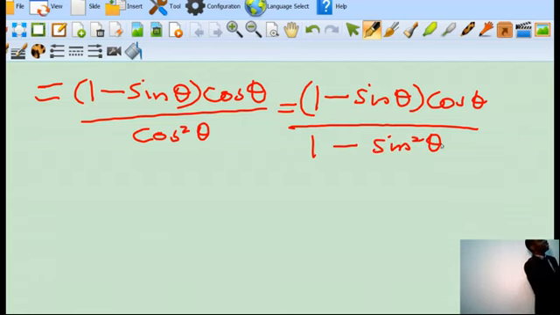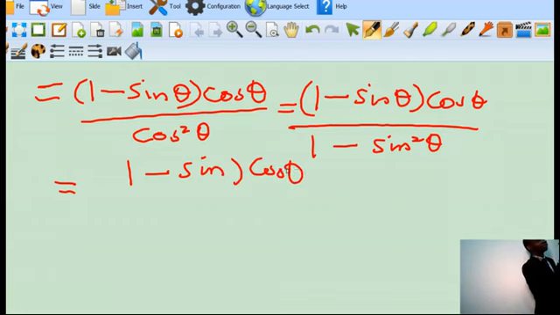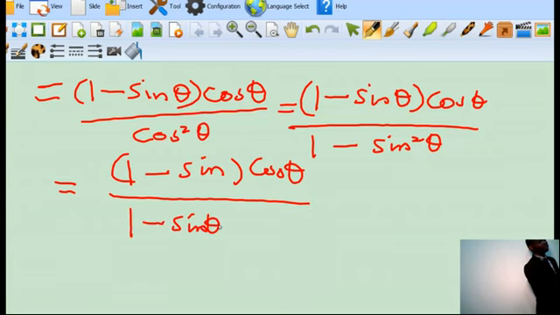When you do a little algebraic manipulation, you know that 1 minus sin square theta is equal to 1 plus sin theta into bracket 1 minus sin theta. So you are going to arrive at an expression which gives you 1 minus sin theta into bracket 1 plus sin theta.